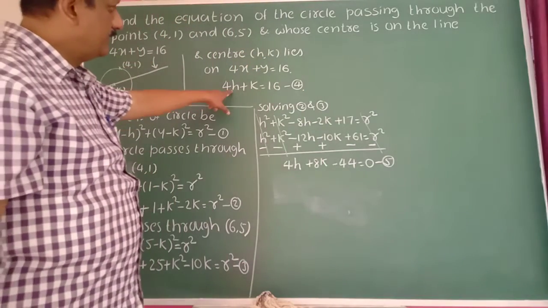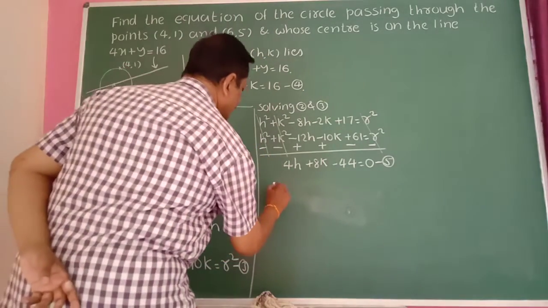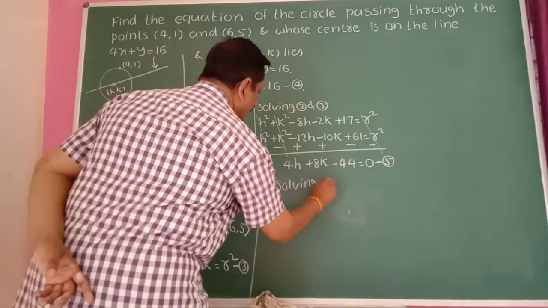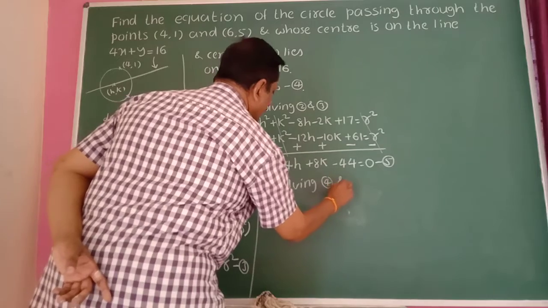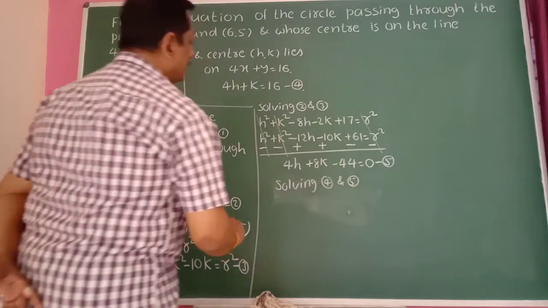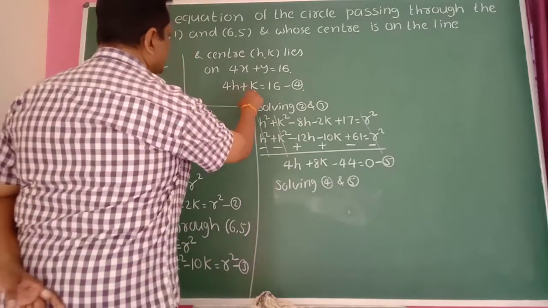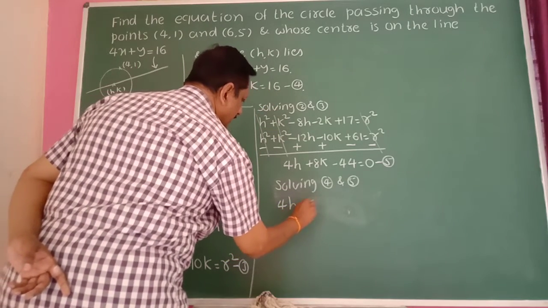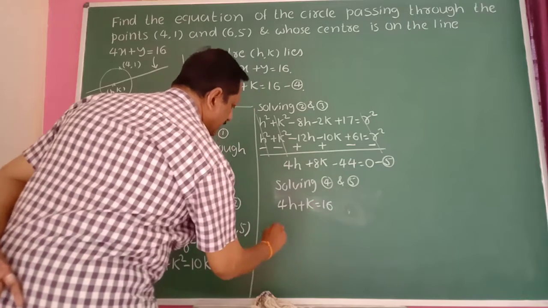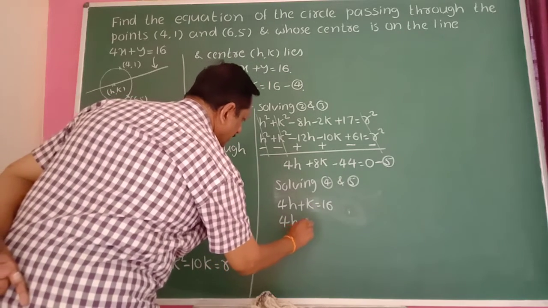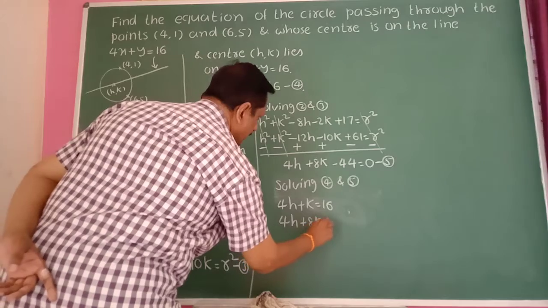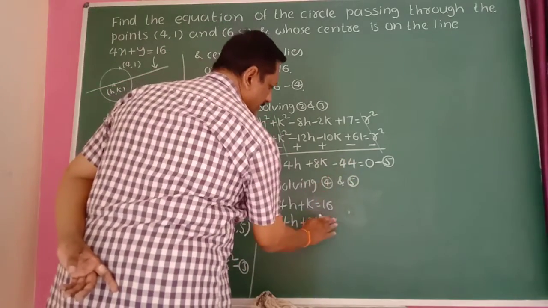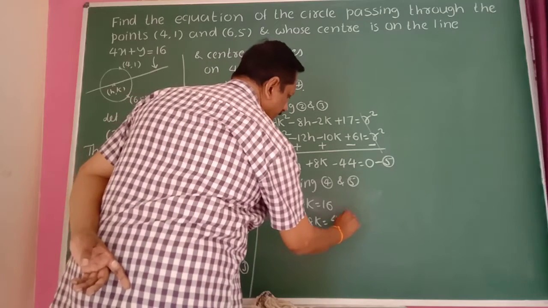Then we are solving equations 4 and 5. Therefore 4h + k = 16, and 4h + 8k = 44.